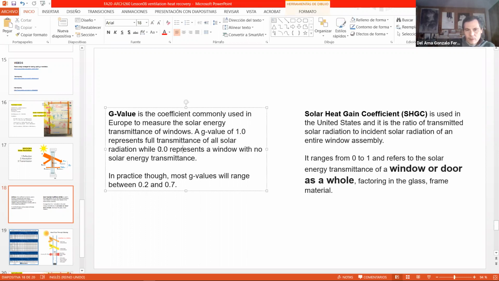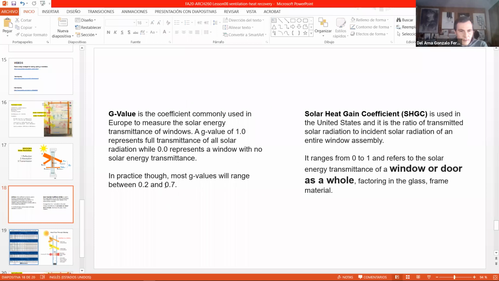Okay, so 0 is basically not transparent. 1 is 100% of transmittance. 100% is impossible. So in practice, most G values range between 0.2 and 0.7. Okay, 0.7 means that 70% of the solar energy enters the building. 0.2 means that only 20% of the solar energy enters the building.